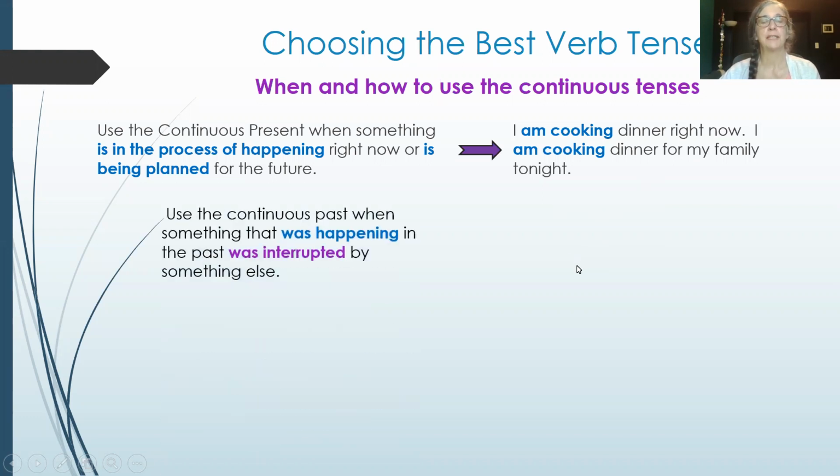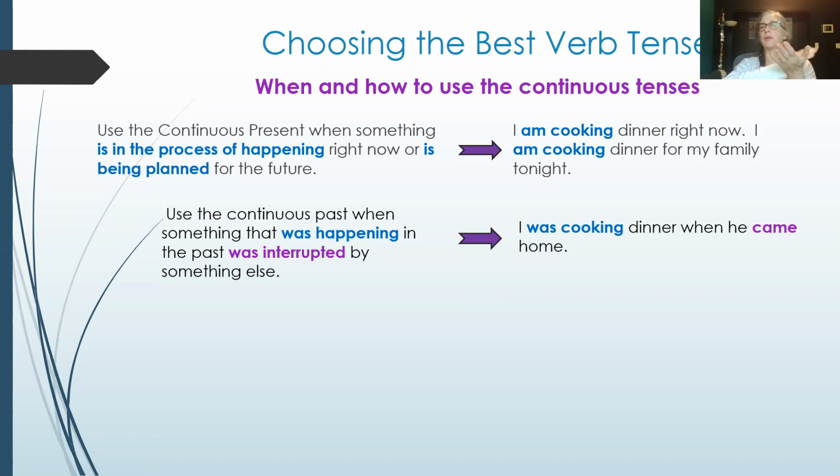We're going to use the continuous past when something that was in the process of happening in the past was interrupted by something else. I was cooking dinner when he came home. It doesn't make sense to just say I was cooking dinner last night, because remember our simple past, when something is already completed, I cooked dinner last night, right?